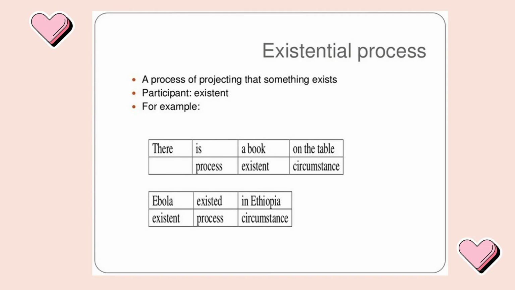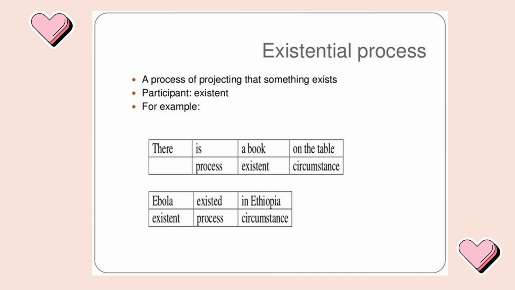And then for the existential process, we usually describe this process as a process of projecting that something exists. A participant such as the existent, for example, "There is a book on the table."